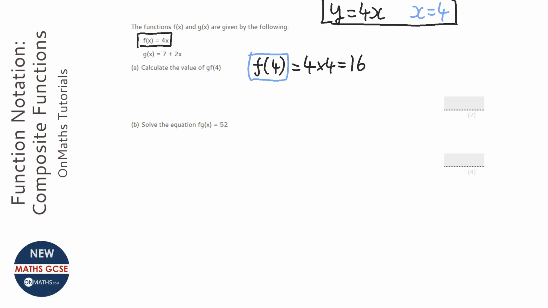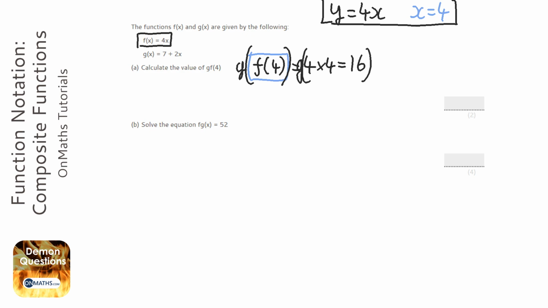The g says, when you're done with f, g wants to do it as well. So what I should be writing is this, and I still have to apply a g to all of this.